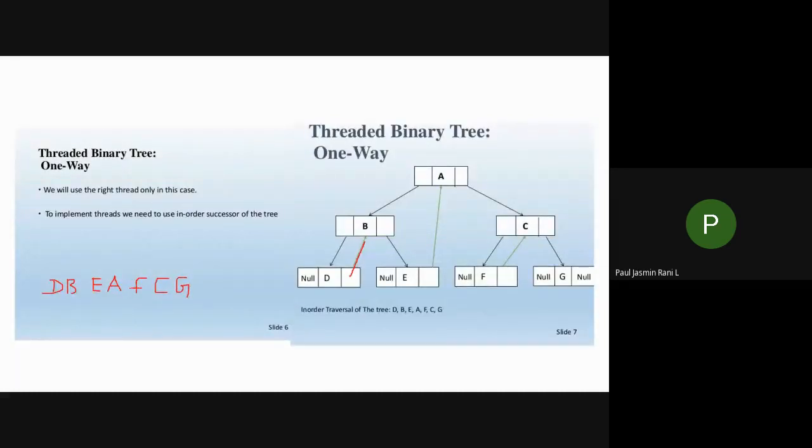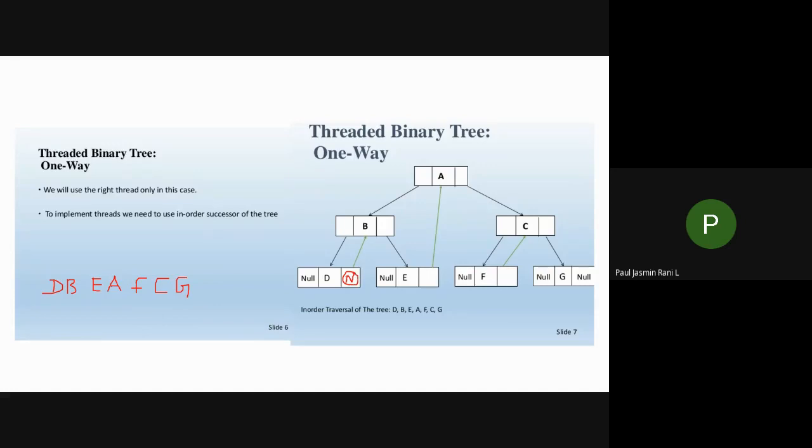So from this one, what you have to do is take the in-order successor. If I want to fill the null here, in this D node the left child is a null, isn't it? So I have to replace the null with some other address.